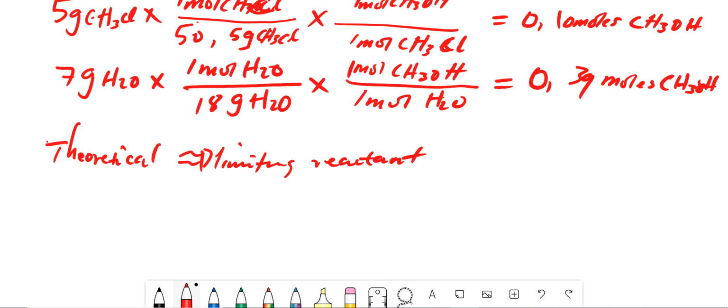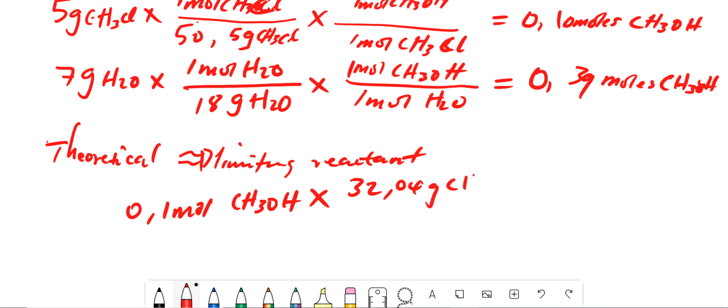So in this case, let's do the calculation. We have 0.1 mole of methanol, so we take it to grams. We multiply with the molar mass, 32.04 grams of methanol over 1 mole of methanol.